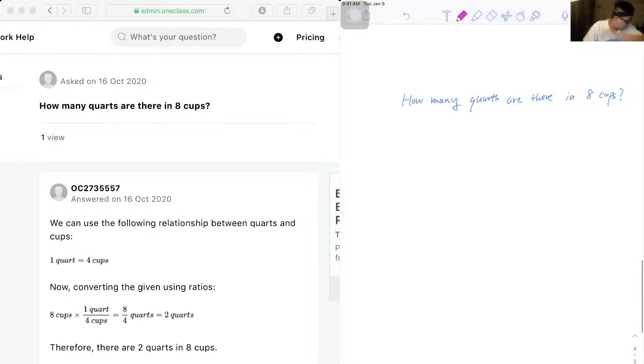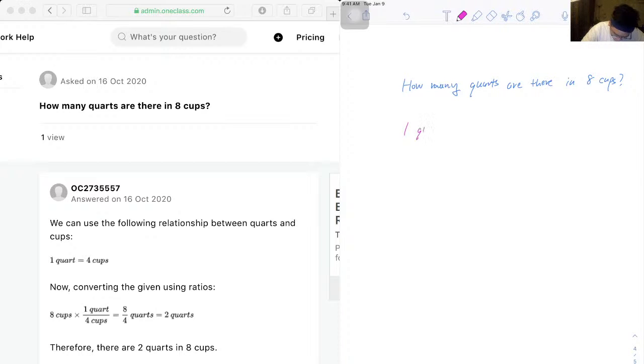Okay, so first, the relationship between quants and cups are 1 quant is equal to 4 cups.